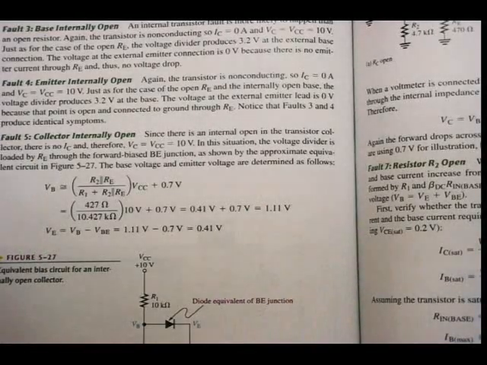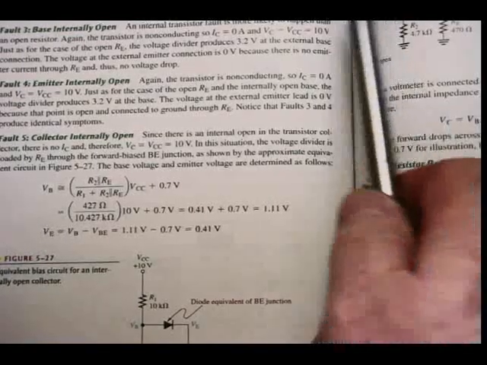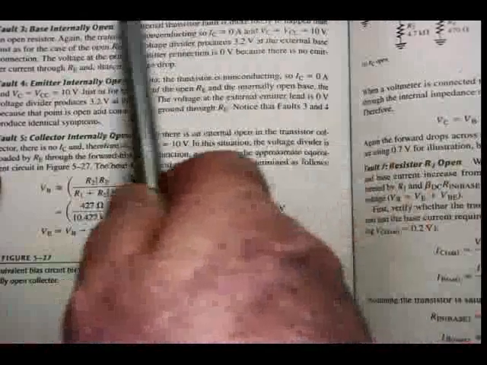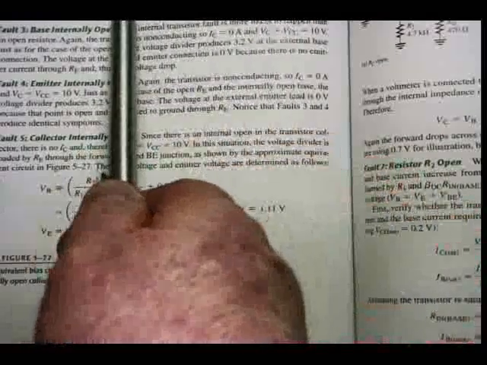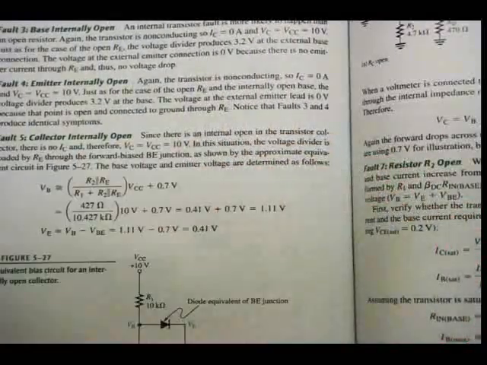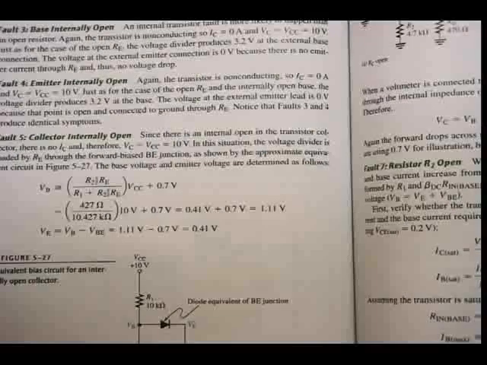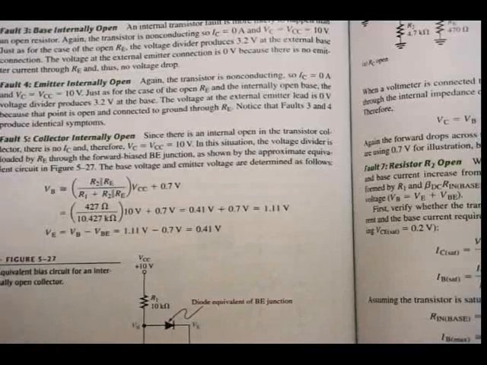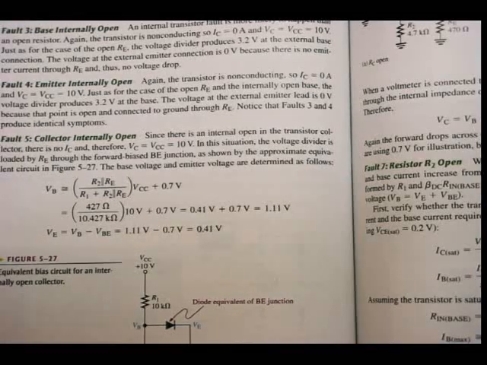Should be 2,5. We measure about 2,43. All right. But we know, as they say here as well, VBE is 0,7. The 0,7 is assumed for purposes of illustration, but it may be much less. Okay, so you might measure something else.